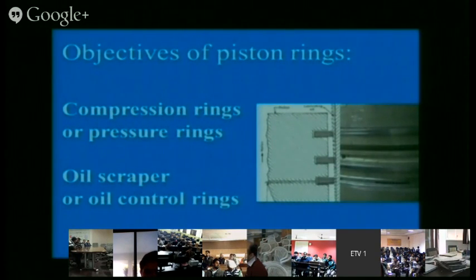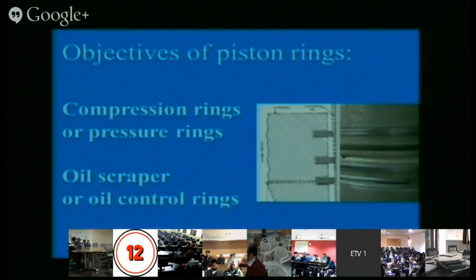Lubricant should not go to the combustion chamber, and combustion products should not come downside, else engine efficiency will go down and lubricant life will deteriorate very fast. So the role of the top compression ring is very important, and its profile, how it touches the cylinder liner, is equally important. Our focus will be on the design of the profile of the top compression piston ring.